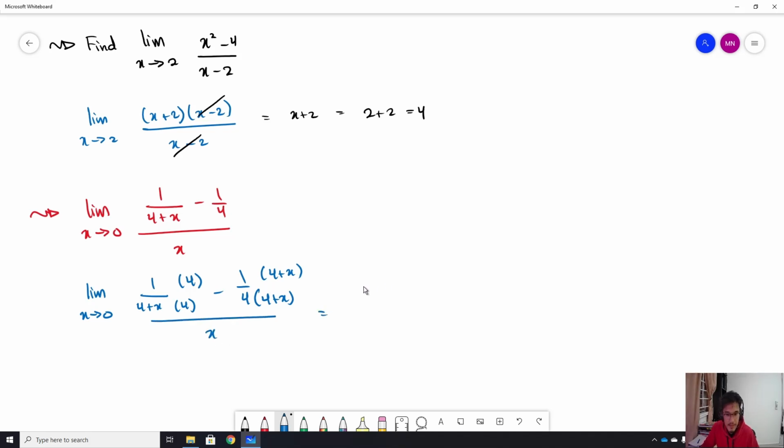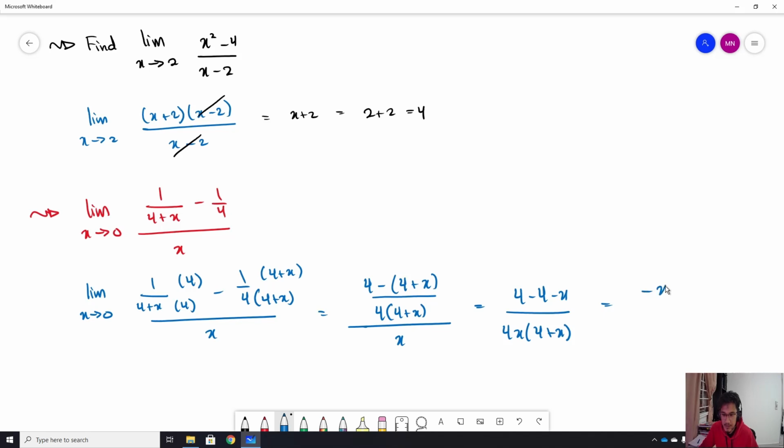So then we have 4 minus 4 plus x over 4 plus x over x. So then we get 4 minus x over 4x, 4 plus x.